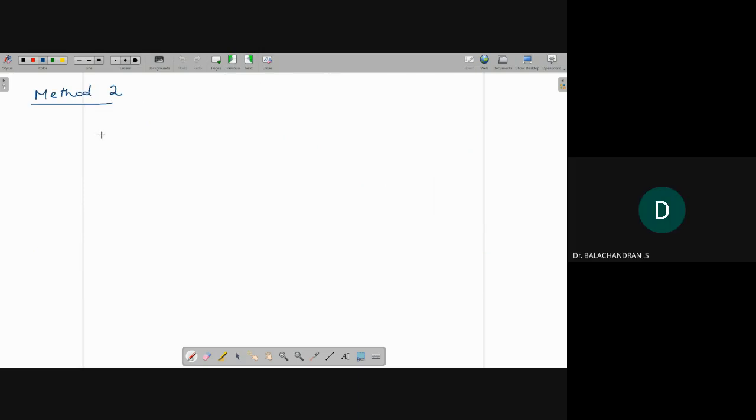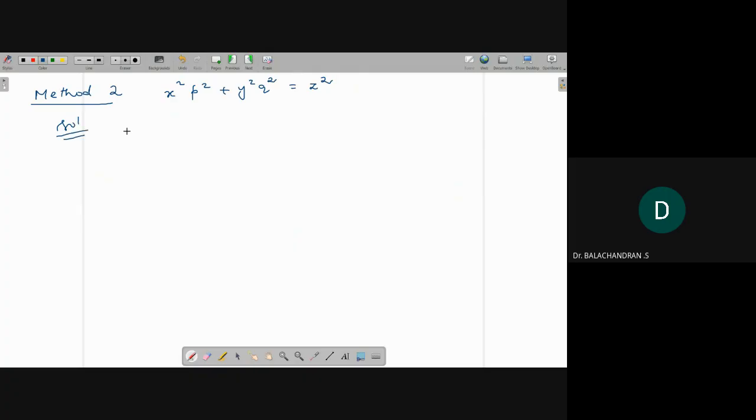Now, method 2. The given problem is x square p square plus y square q square is equal to z square. In the previous method, I divided by z square.